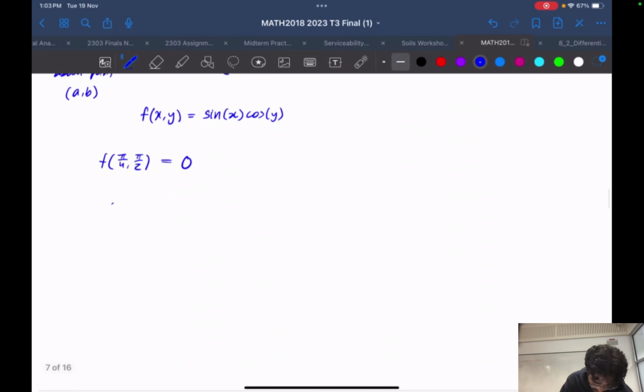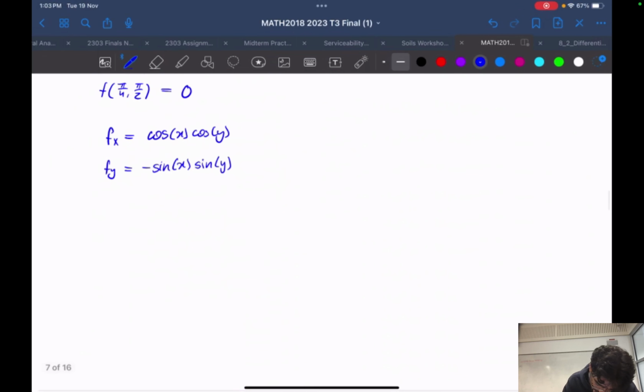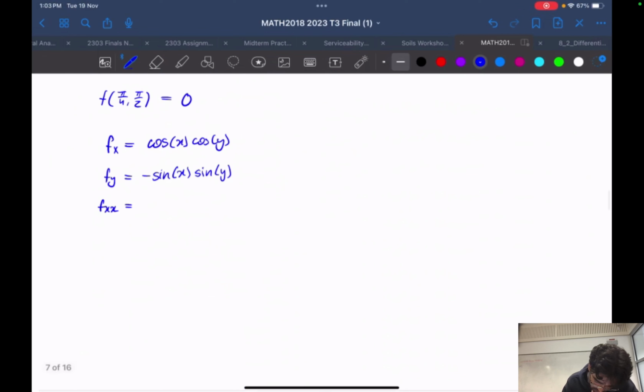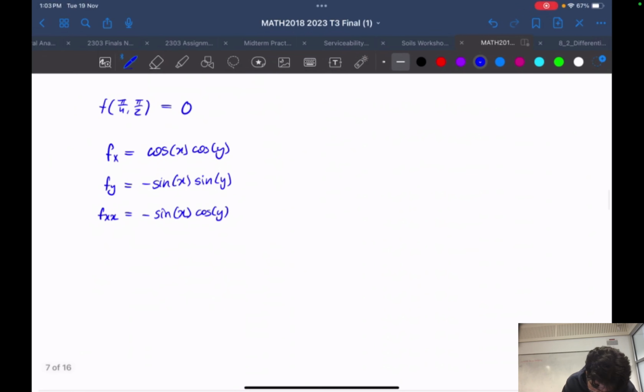Alright, so first of all, f_x is equal to cos x cos y. f_y is equal to minus sine x sine y. f_xx, so we're differentiating this again, you get minus sine x cos y. f_yy, you get minus sine x cos y.